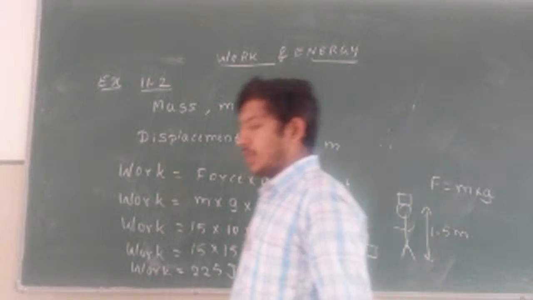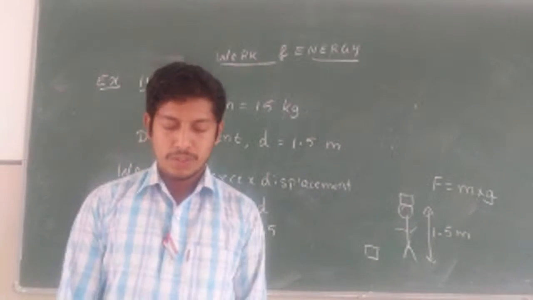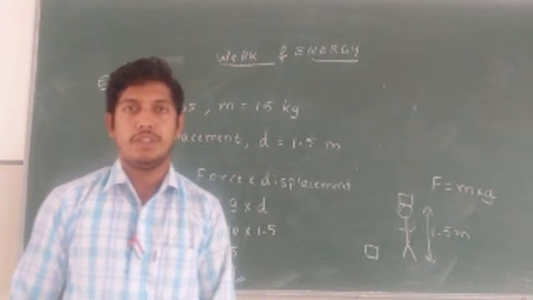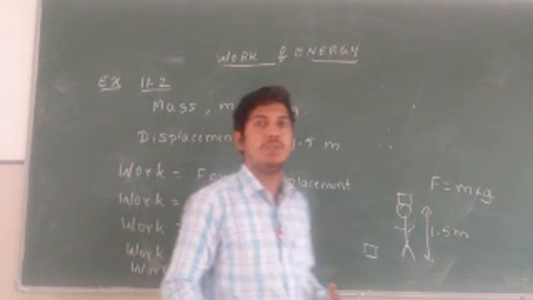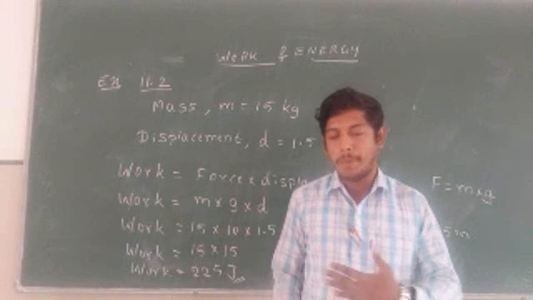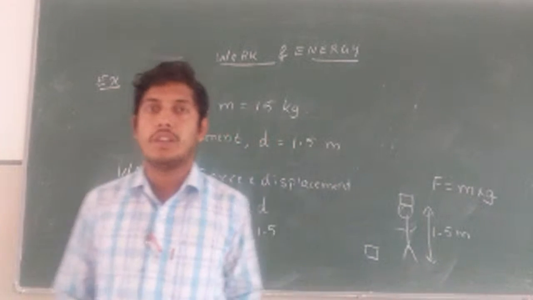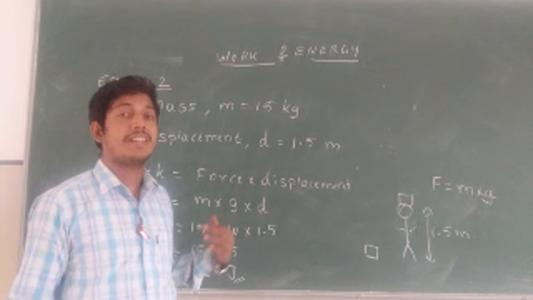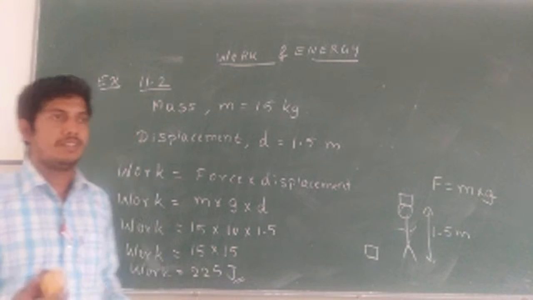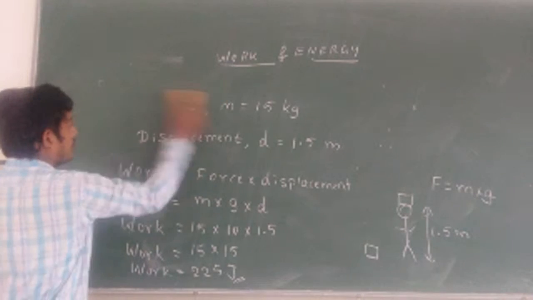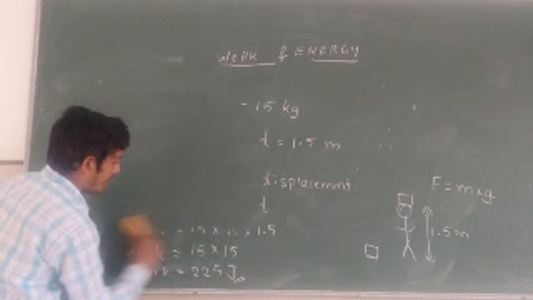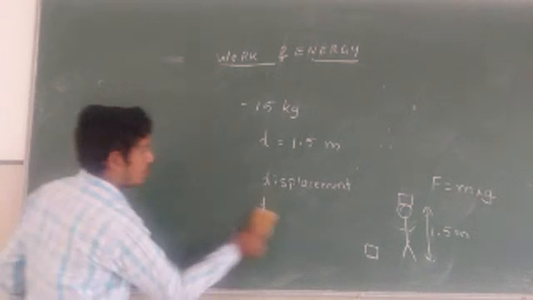So this is about the work. Now we go to the next concept, that is energy. Work and energy. Energy is the capacity to do work. By the application of force we get the work, and energy means the capacity to do the work. Just note down the definition of energy.